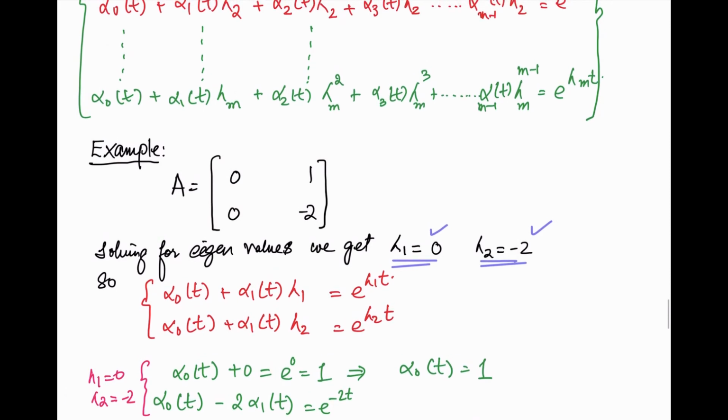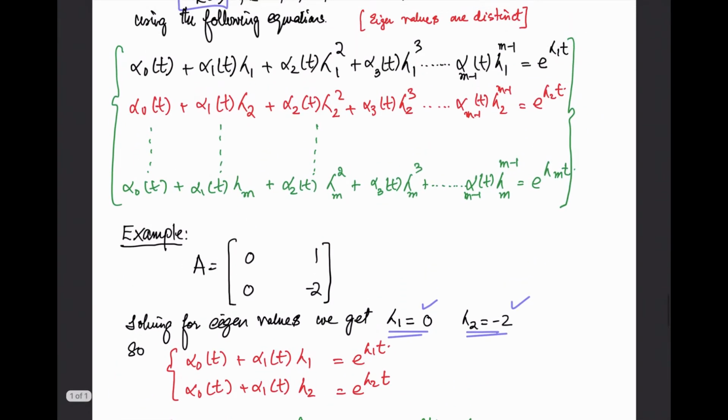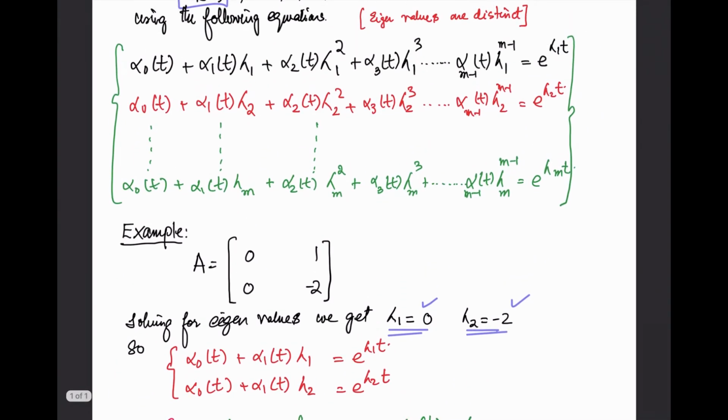Now using this set of equations, we can set up the equations to find the alphas first of all. From here you can write down alpha naught t plus alpha 1 t into lambda 1. We have only two eigenvalues, so a 2 cross 2 matrix will be there, so these further terms will not be considered.